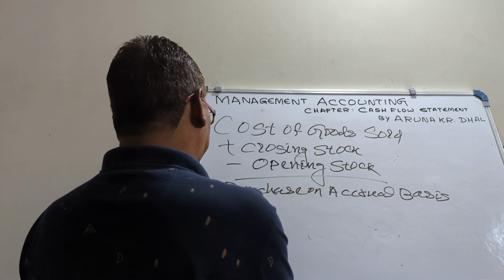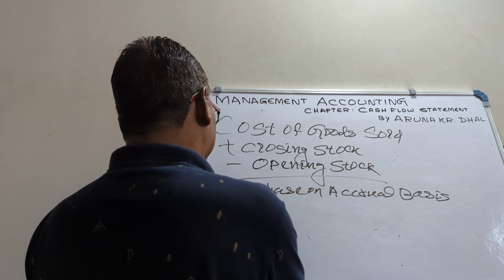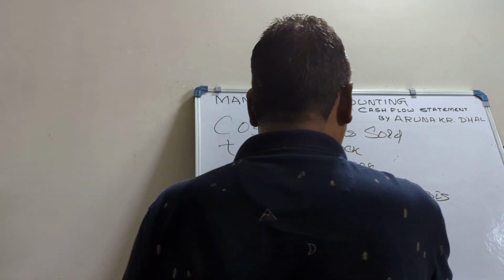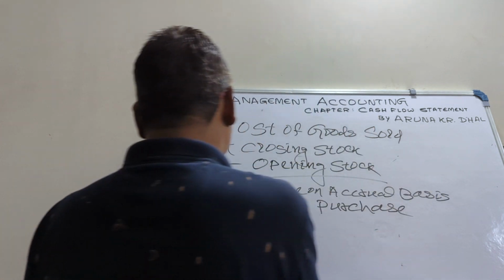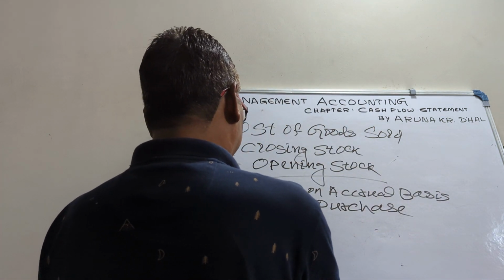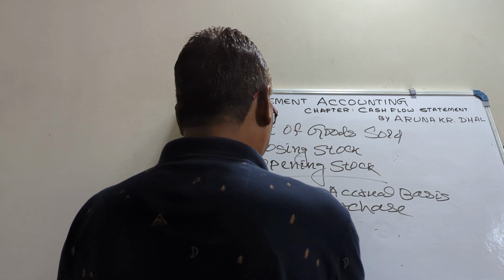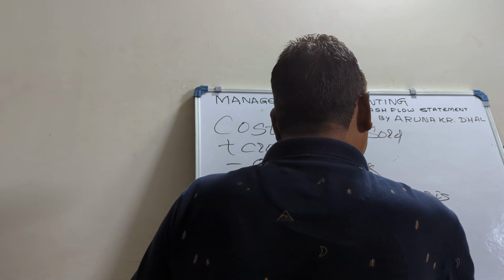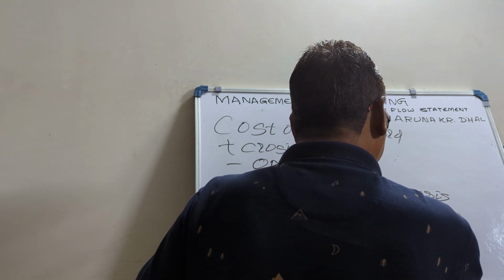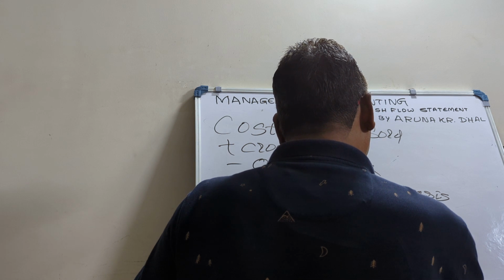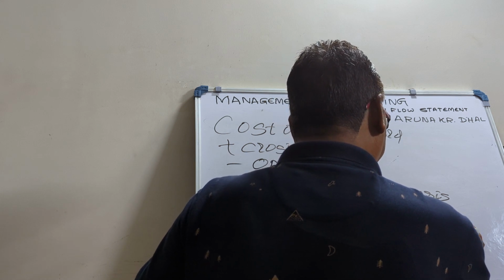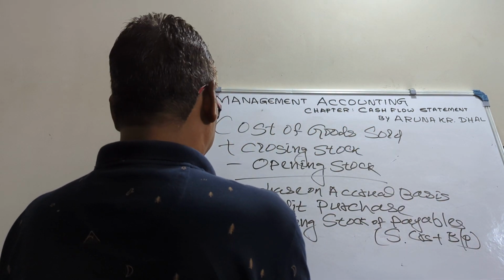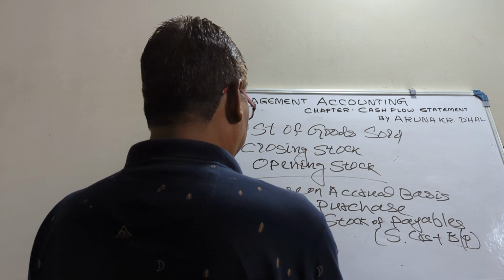From our suppliers, we will purchase goods on credit basis, that is credit purchase from suppliers or creditors, plus opening stock of trade payables, that includes both sundry creditors plus bills payable, less closing stock of payables.